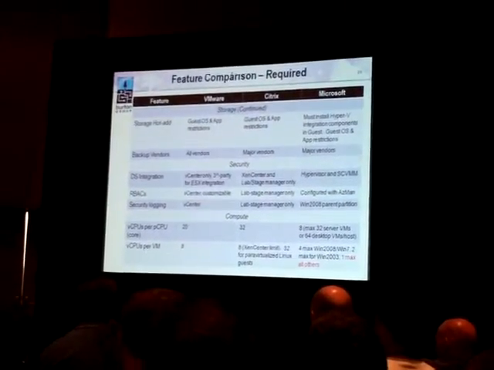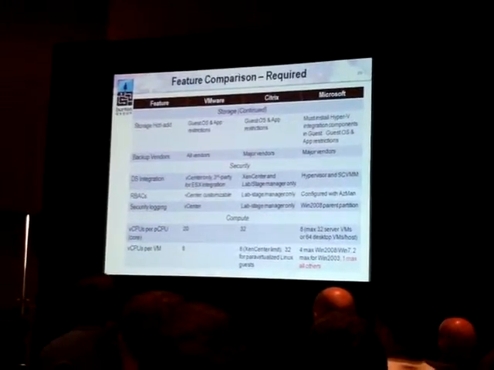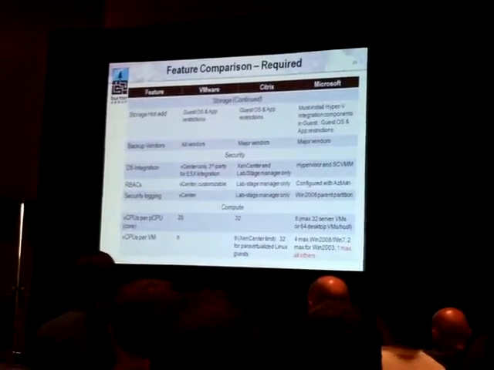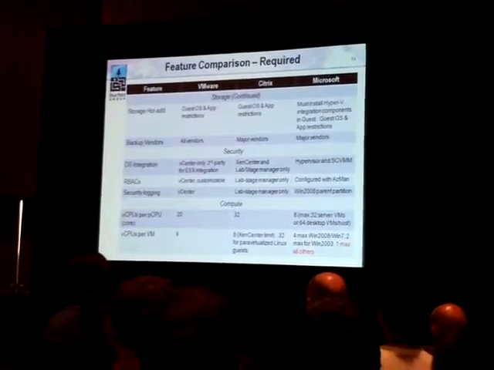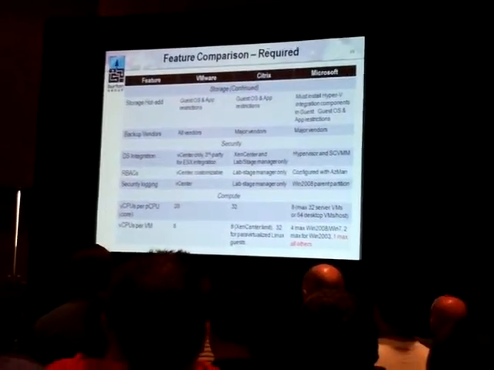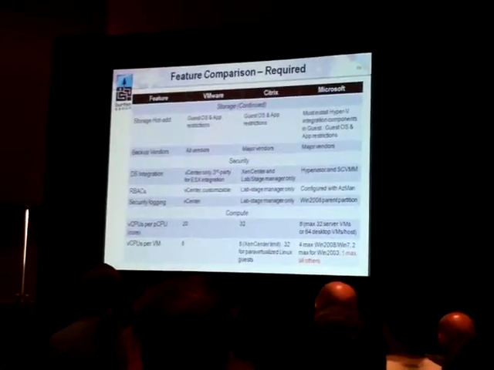And again, in the virtual desktop workloads, that's where that oversubscription number is that much more important. Again, virtual CPUs per VM, you see the difference here, 8, 4 with Hyper-V, that's on Windows 2008 and Windows 7, as Richard mentioned. I can do 2 for Windows 2003 and 1 for all other operating systems.